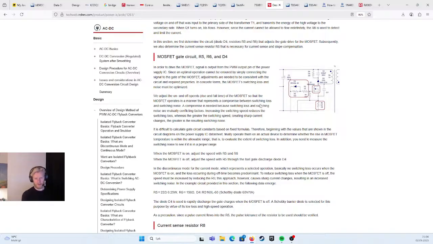Increasing the switching speed reduces the switching loss, whereas the greater the switching speed, creating sharp current changes, the greater is the resulting switching noise.